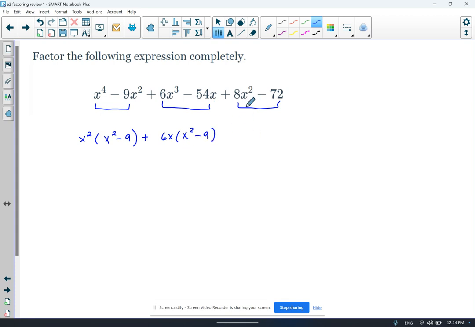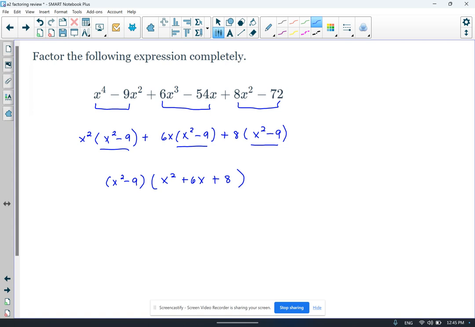And now I'm going to go ahead and factor out the 8 in the last pair. And notice I'm also left with that common binomial of x squared minus 9. So I know this is going to work. So now I see that in this expression, I have a common binomial of x squared minus 9, and I am left with x squared plus 6x plus 8.